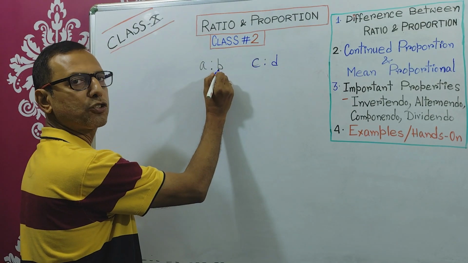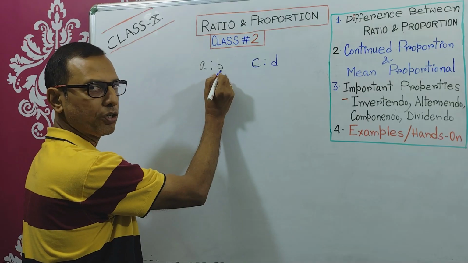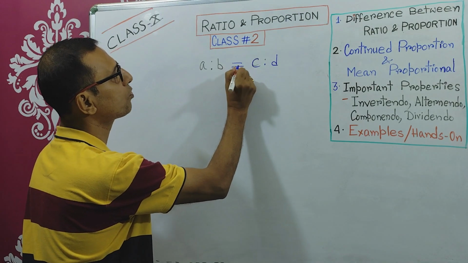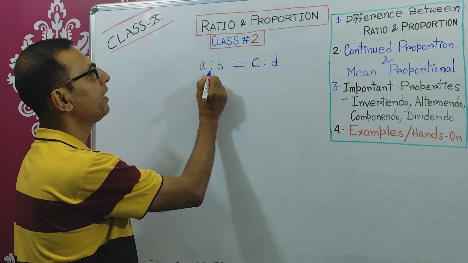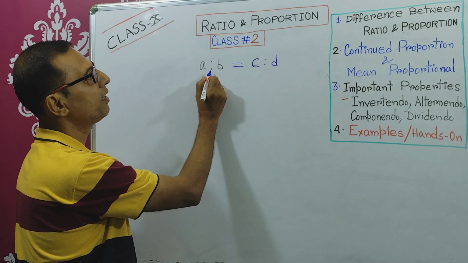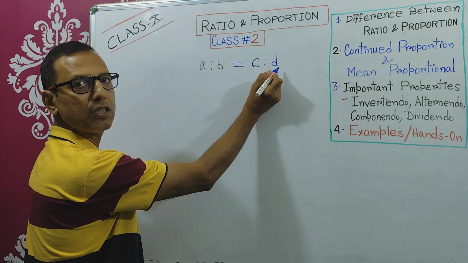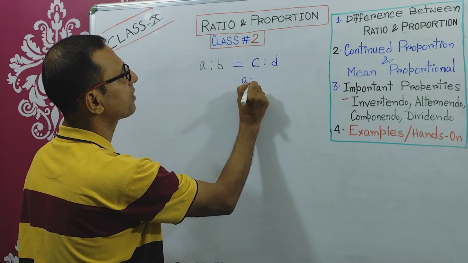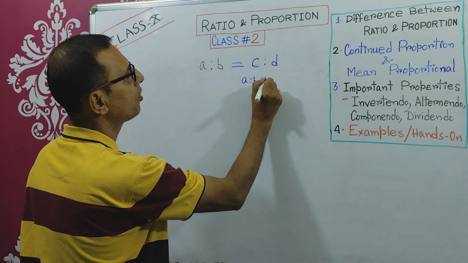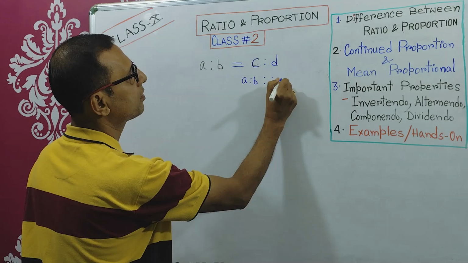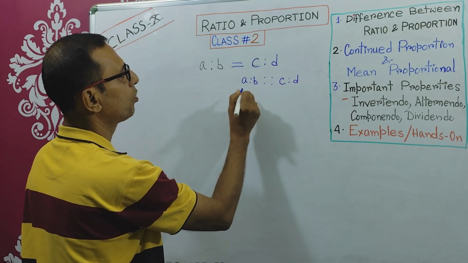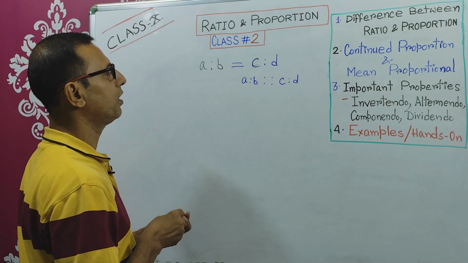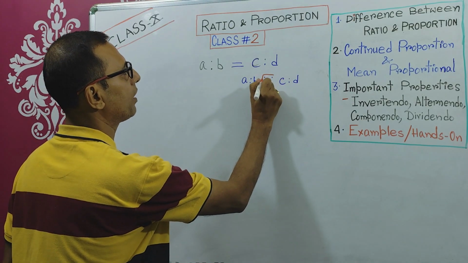If this ratio A is to B equates with C is to D, that means A is to B equals C is to D, then we say A is to B is proportionate to C is to D. You can write it like this: A is to B double colon C is to D. This is the symbol, which actually says equals to.